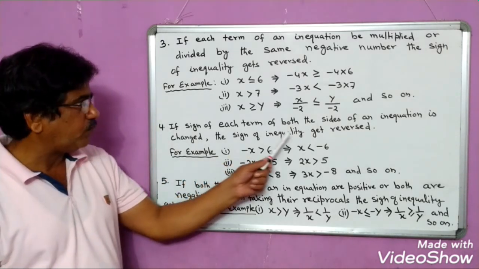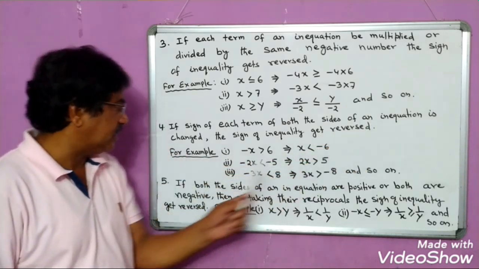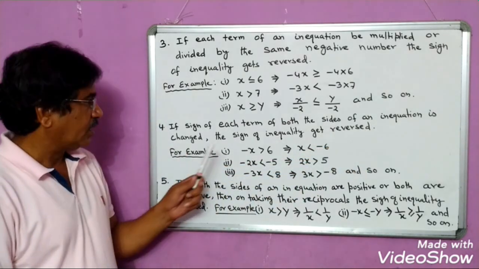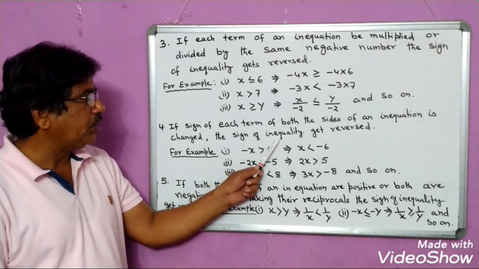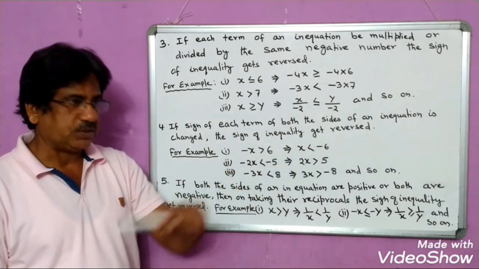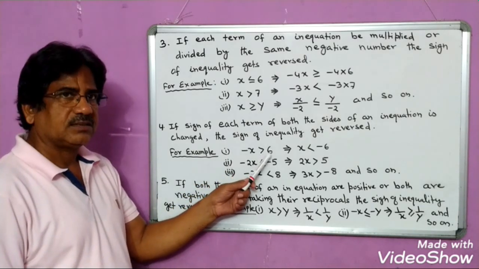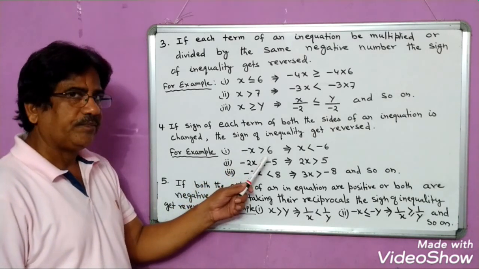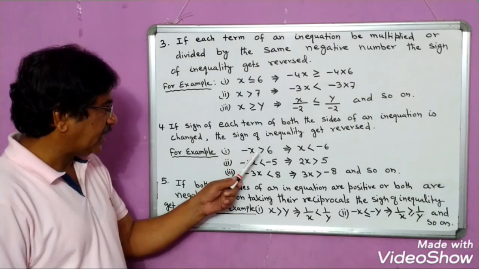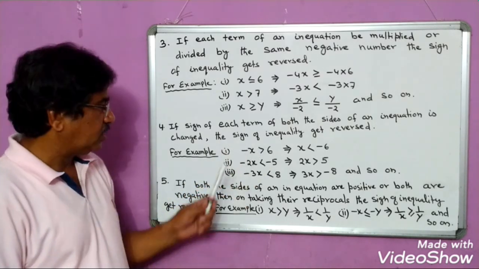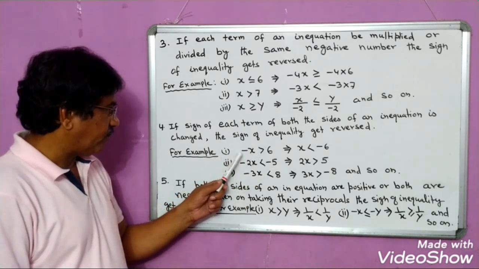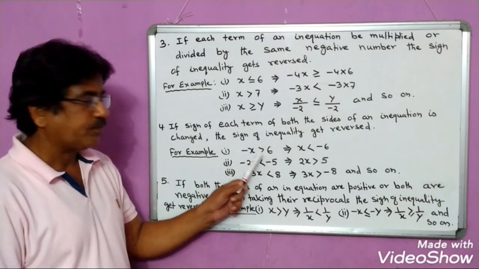Now the fourth one, this is also important, you have to keep it in mind: if the sign of each term of both the sides of an inequation is changed, the sign of inequality gets reversed. Now if you change the sign of both the sides of the inequality, the rule says that the inequality sign will get reversed. Suppose in example 1, minus x is greater than 6.